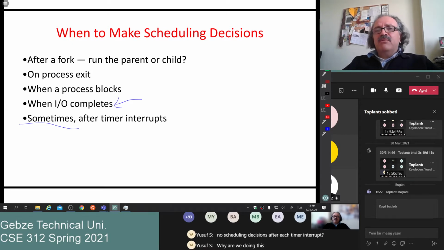But there are many bookkeeping operations that the operating system does at every timer interrupt, and we are going to see them when we talk about memory management, scheduling, and other topics. Okay, good.